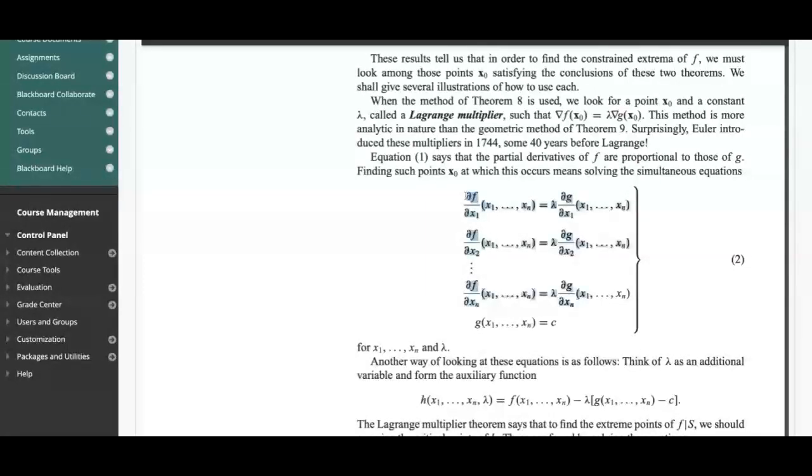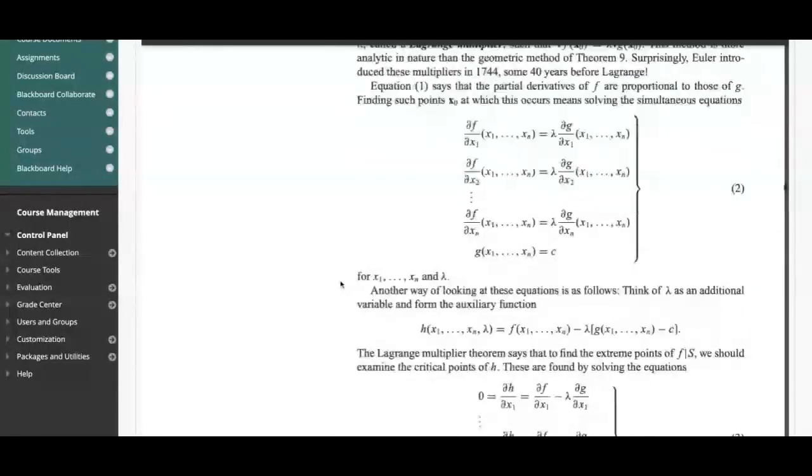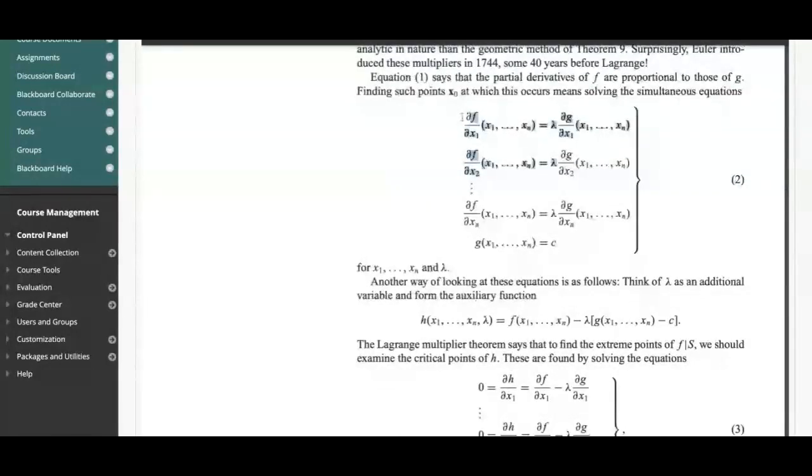So we have n equations, plus the constraint itself, the level set. So we have n plus 1, a system of n plus 1 equations. There are different ways to solve it. Usually we try to find a smarter way to solve a system of equations.